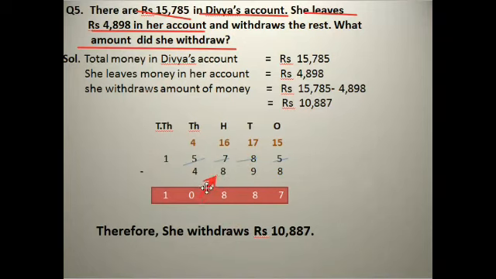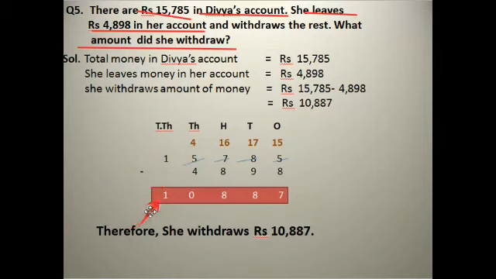And we subtract 8 from 6. But it is not possible. So we take away 1 from the thousands place and 6 becomes 16 and we subtract 8 from 16 is 8. And we subtract 4 from 4 is 0 and 1.